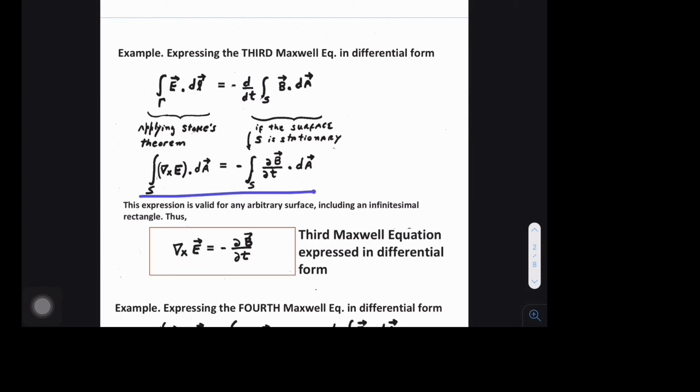Now this equation is valid for any arbitrary surface, so the integrands of these two surface integrals should be equal. That means the curl of the electric field E is equal to minus the rate of change of the magnetic field with time. And this is the differential form of Maxwell's third equation.